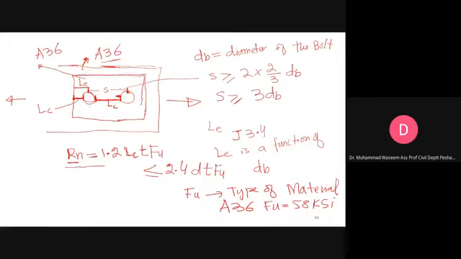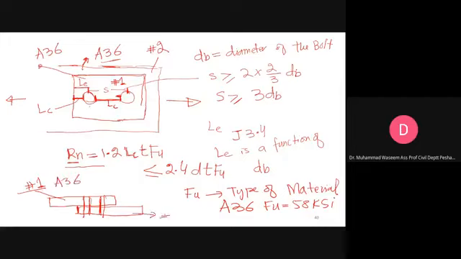Say this is number 1 and this is number 2. Let me draw the lap joint again. Two fasteners, here and here. This is number 1 material, it's A36.